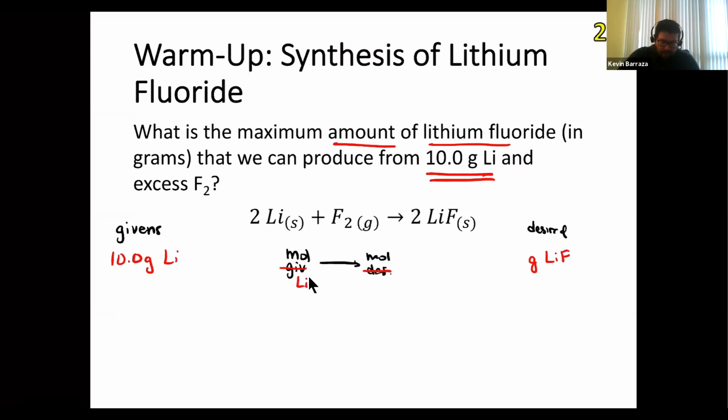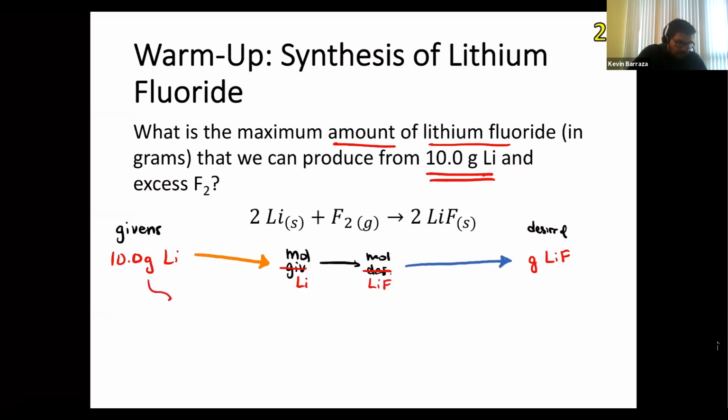The desired is lithium fluoride. And so now my strategy is to take my given information and get to my central theme, and then get to the end. So that's going to be my goal. Can I think of a way to do this?